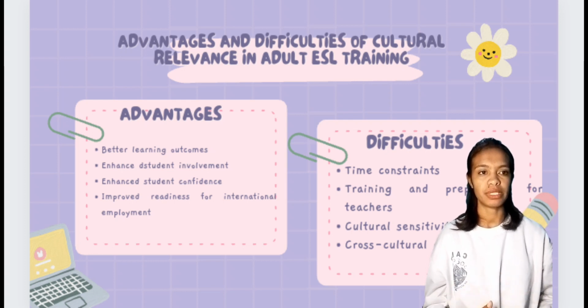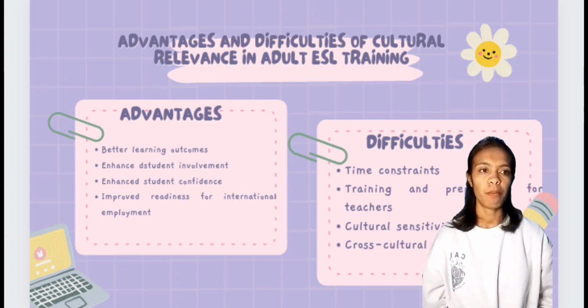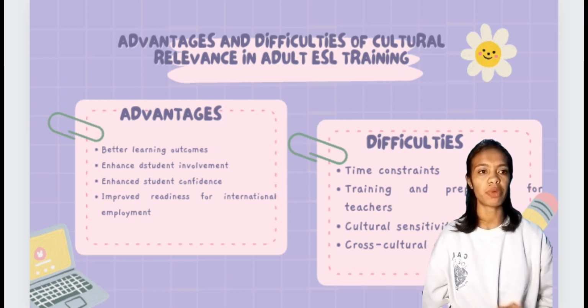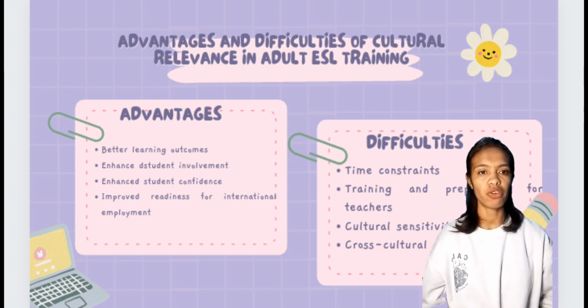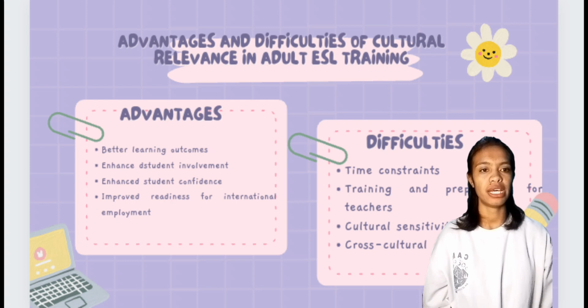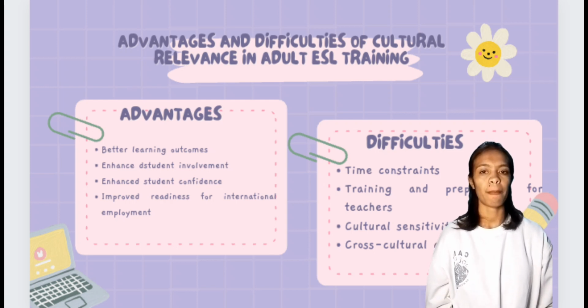By making the curriculum more relevant and accessible for adult learners from a variety of cultural backgrounds, incorporating cultural relevance into the teaching and learning process can aid in improving learning outcomes. Second, enhanced student involvement.